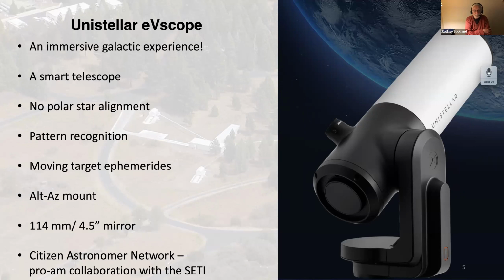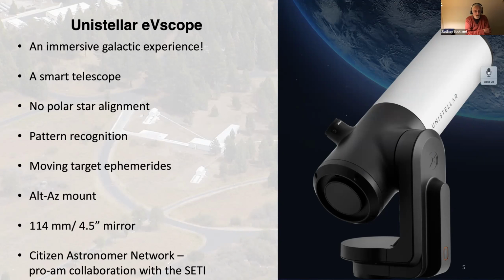Amazing stuff. It does pattern recognition on stars that it sees in its field of view. It says, I'm pointing at this celestial latitude and longitude, right ascension. And then if you want to go to another object, it knows where to go.